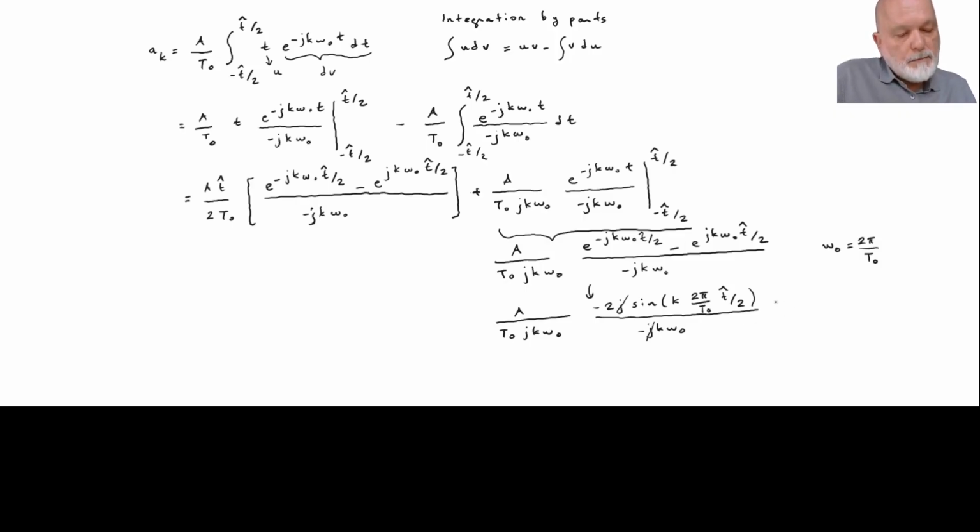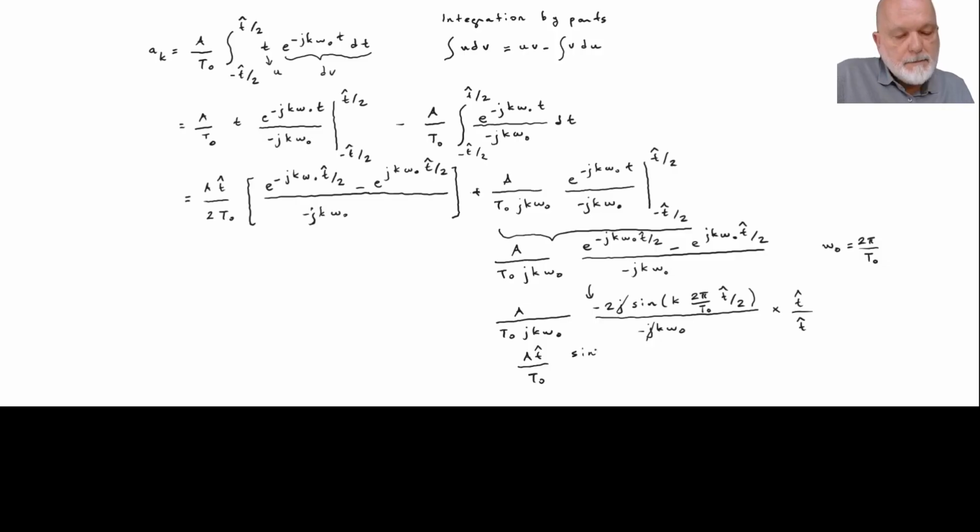Also here we can multiply and divide by t cap. So I'm going to just transfer this t cap to this expression over there: a t cap divided by t0.